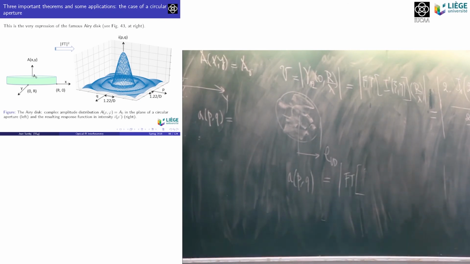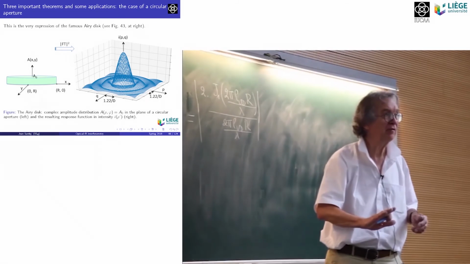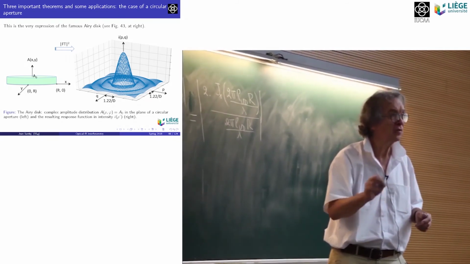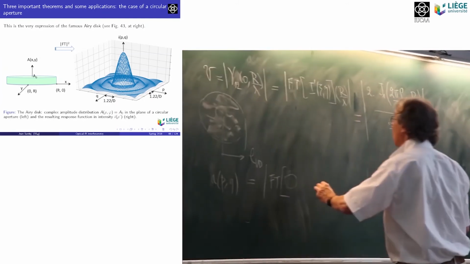I know that it is constant and circularly symmetric, but I should normalize it. Now, if I normalize it, I should divide, you agree, by the surface of the aperture. So I should divide by pi r square. So, okay, let's assume that I've divided by pi r square.